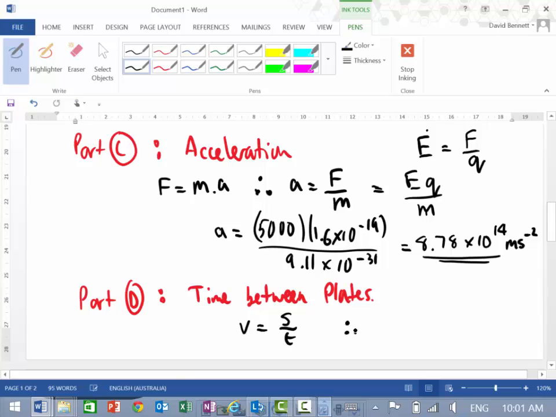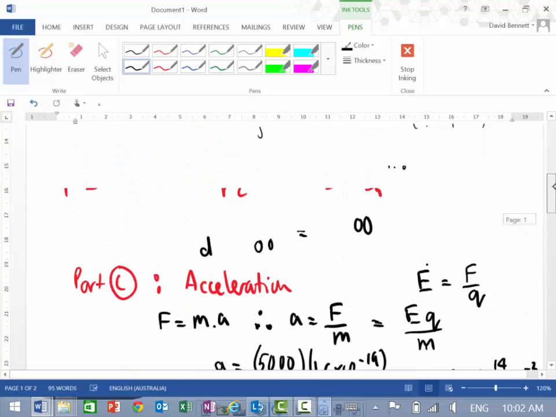Therefore, our time is going to be equal to our displacement over our velocity. In other words, that's really the length of the plates. So how long are the plates? Do you remember? 3 centimetres.